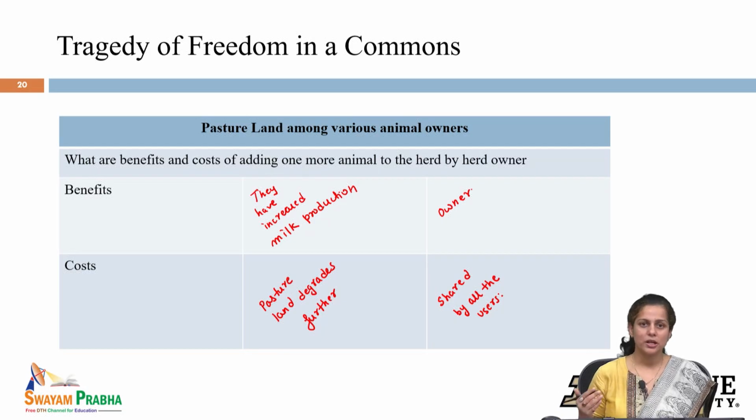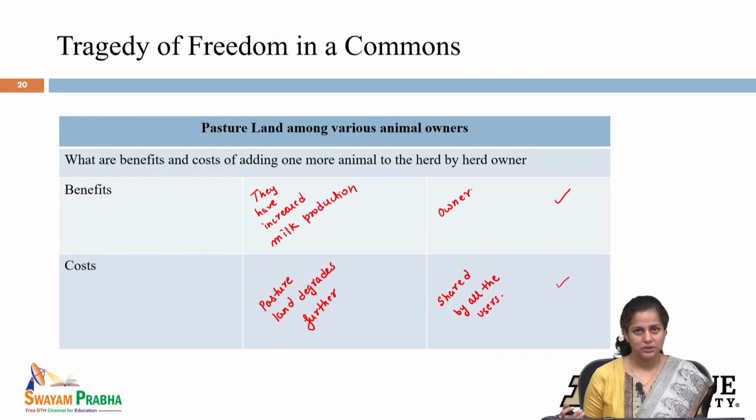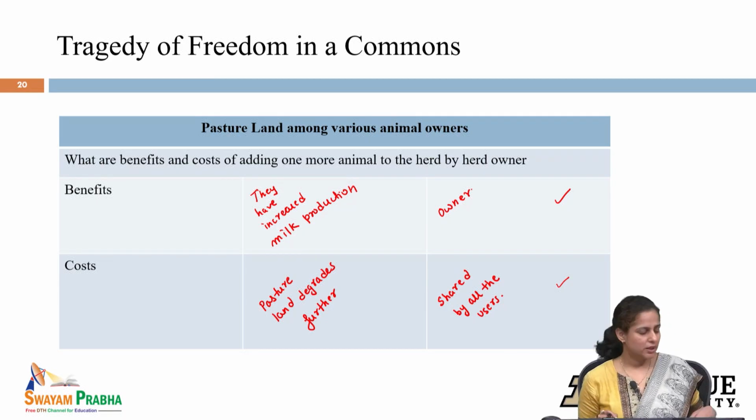So this is a very common phenomenon of tragedy of commons, because your profit is privatized, it is owned by one owner and they don't think about the common good, but the cost is shared by all the users. So what happens eventually is that there is degradation of the soil quality and pasture land, and eventually the system collapses and no one gets anything.